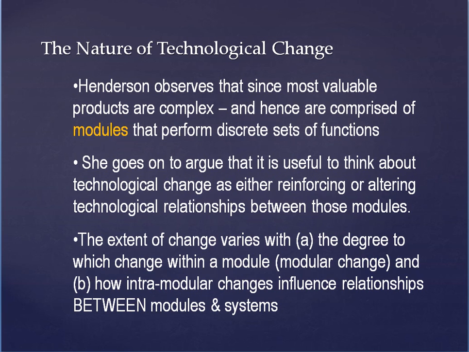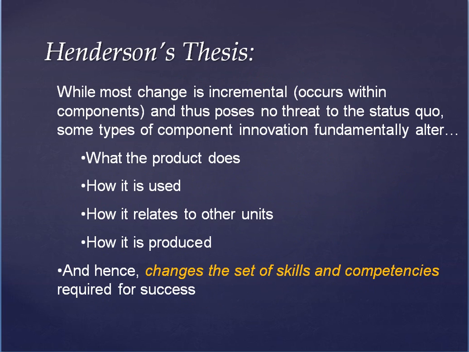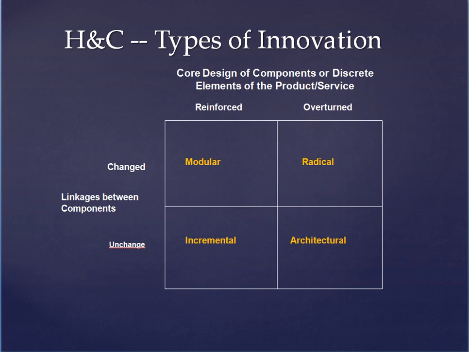So it's not only change in a particular module, but change in the architecture, the design, that has a strong influence on who's going to win and who's going to lose when new technologies are introduced.